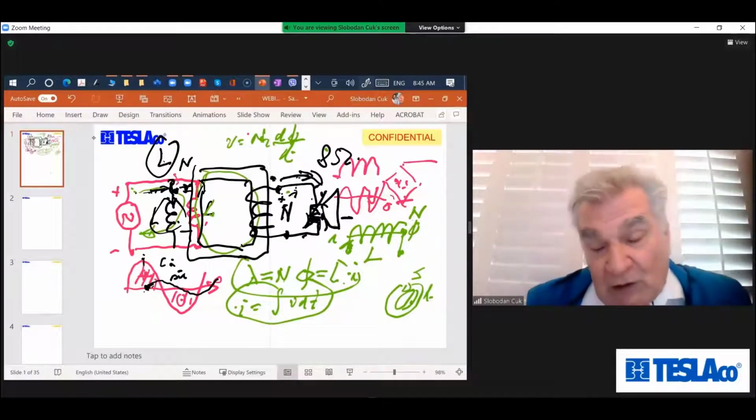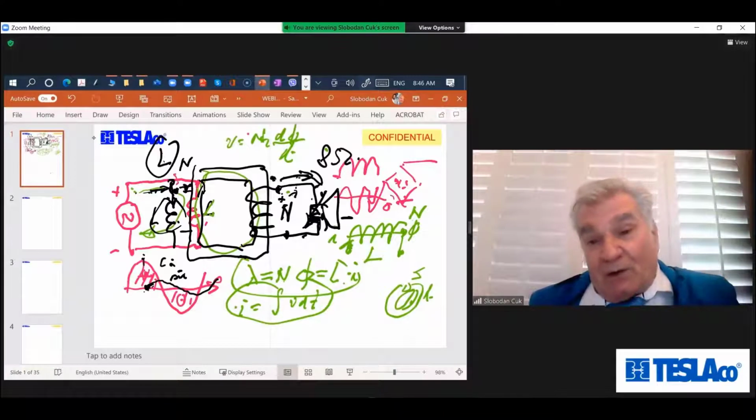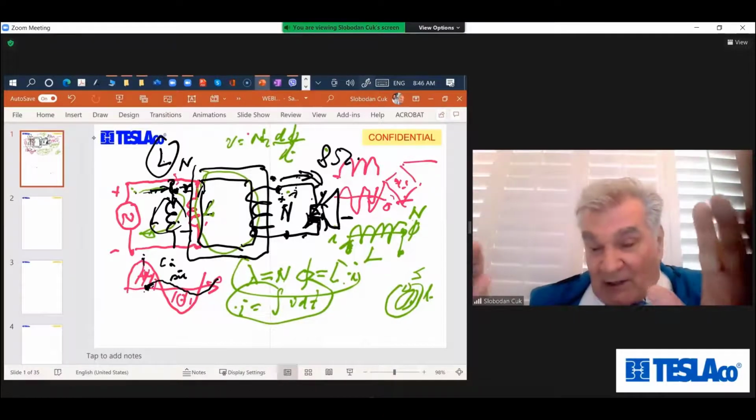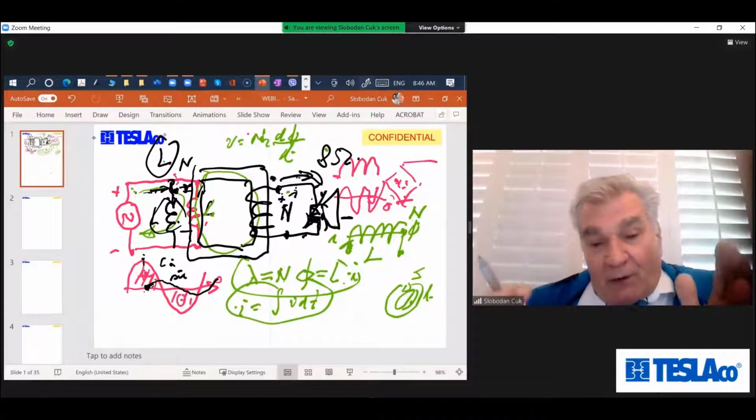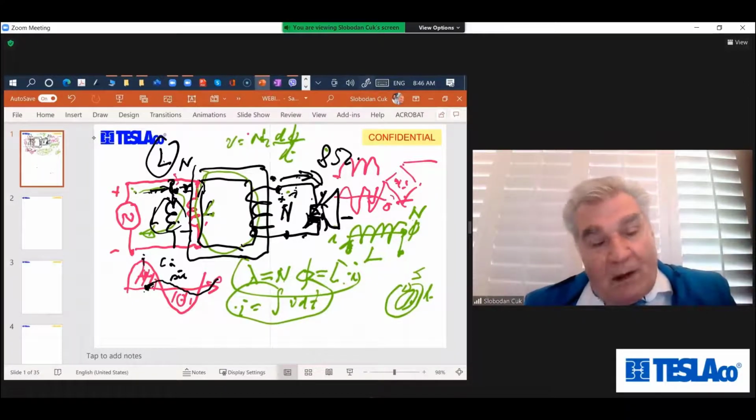But the turns ratio does one more thing in the switching converters, not in the 60 Hertz transformer. It automatically transfers the secondary side to the primary side, and with the turns ratio it changes the voltage stresses and current stresses on devices.